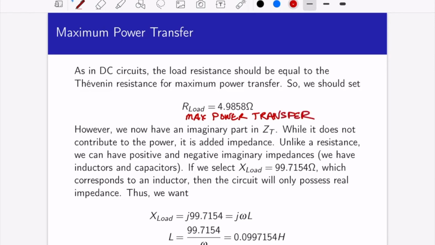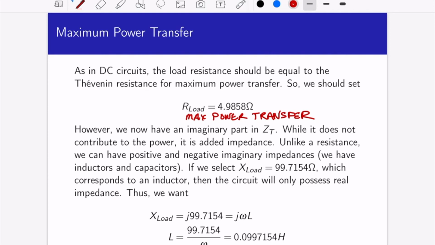But what about that imaginary part of Z Thevenin? It doesn't actually contribute to the power, but it is an added impedance, and we can have negative imaginary impedances. I know we can only have positive resistances, but we can have negative imaginary impedances.